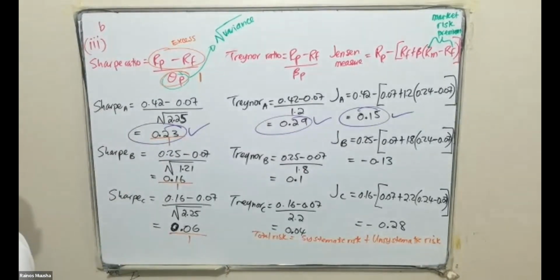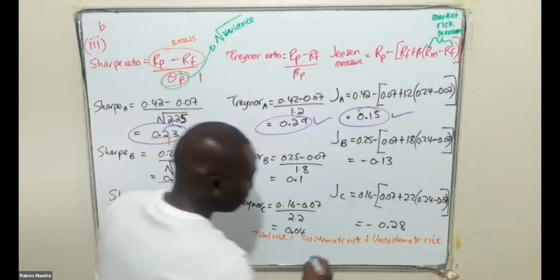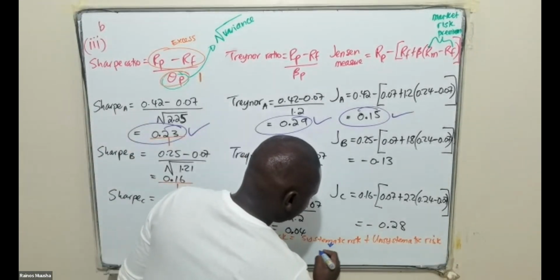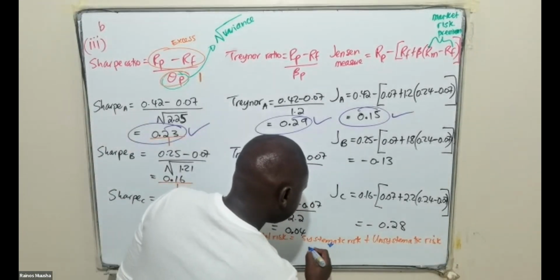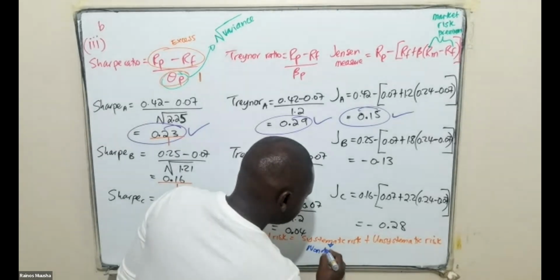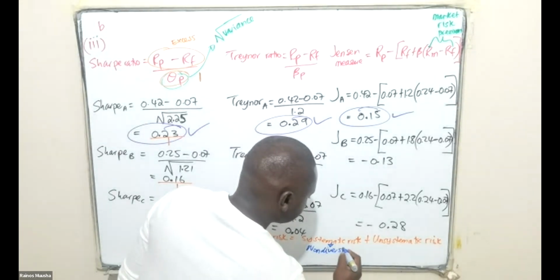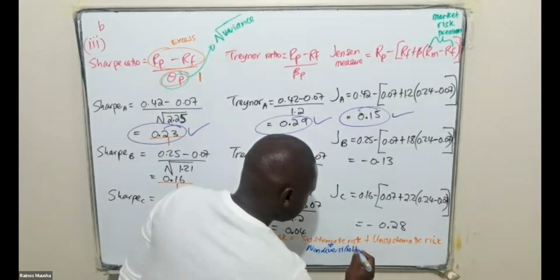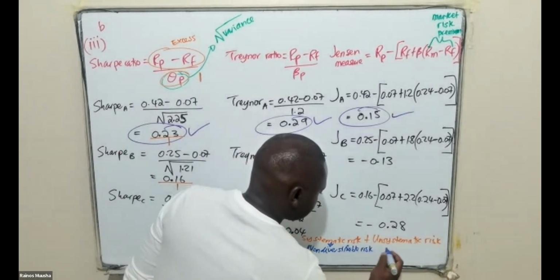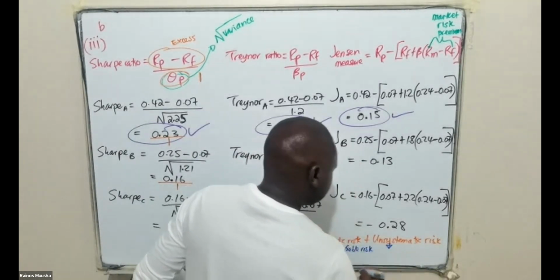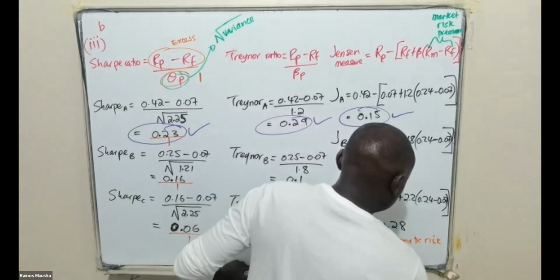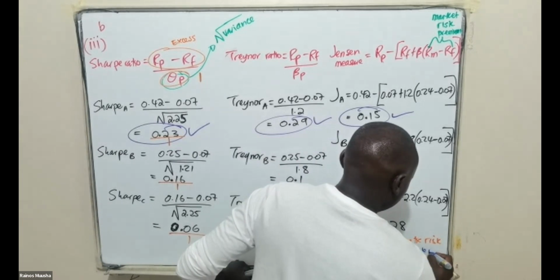Then from there, you will say the systematic risk is also referred to as the non-diversifiable risk. And your unsystematic risk is also referred to as your diversifiable risk.